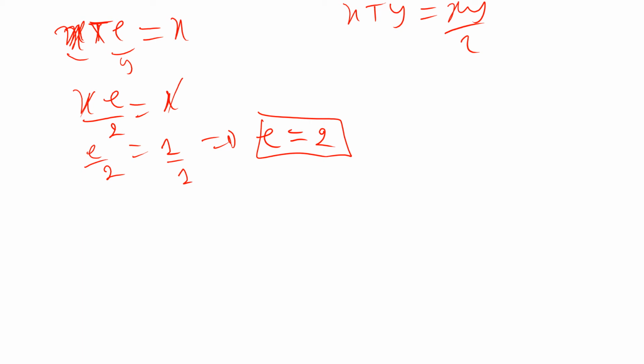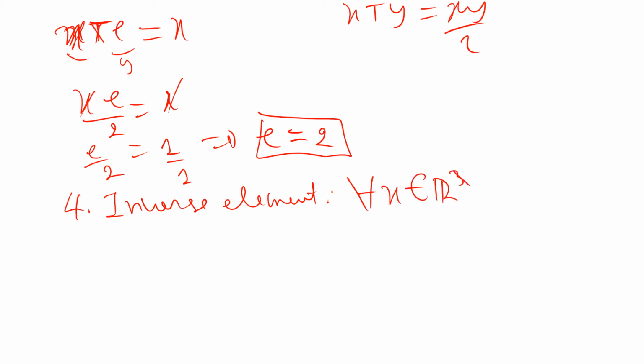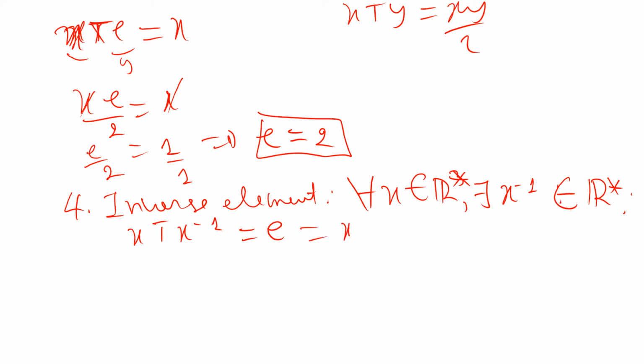Property number 4 is inverse element. Now for all x member of R star, there exists x negative 1, which is an inverse of x, such that this x negative 1 is also a member of R star, such that x T x negative 1 is equal to e, which is an identity element, which also equals x negative 1 T x.